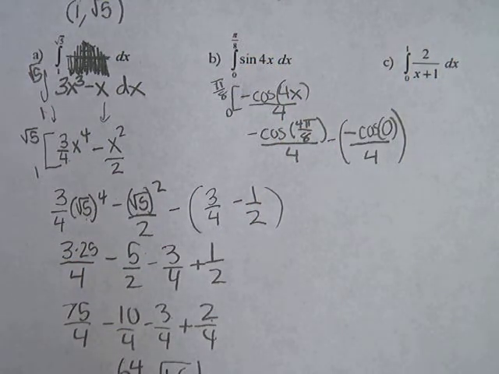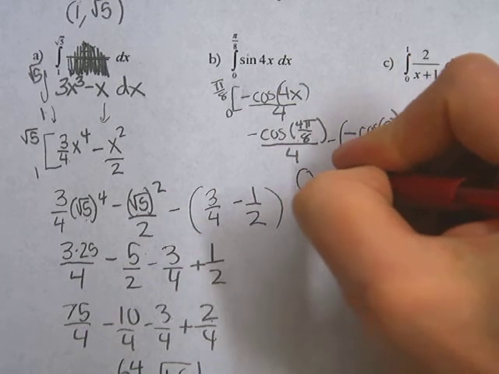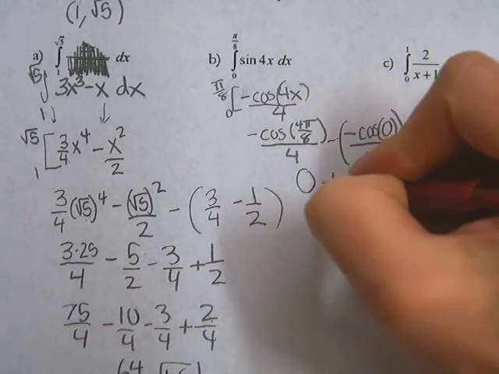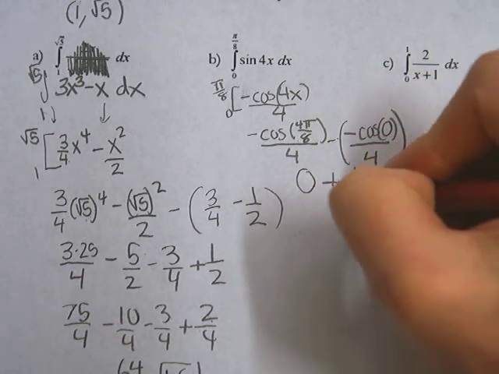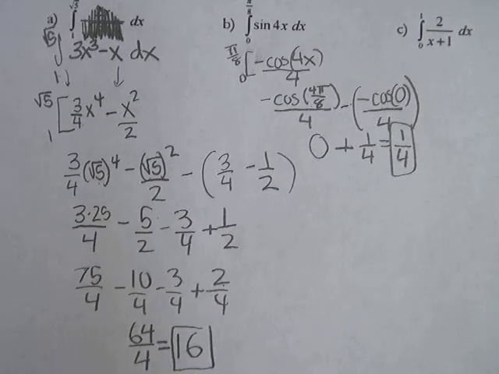Cosine of 4 pi over 8 is cosine of pi over 2. Cosine of pi over 2 is at the top of our unit circle, at 0. So this is really 0 plus, because minus a negative, 1 over 4. And so the answer is just a fourth. Another one with a pretty nice answer. Let's see if our streak continues.